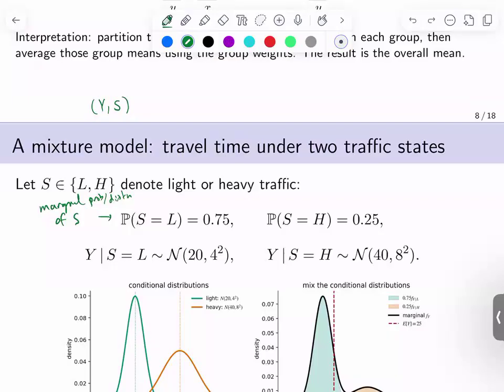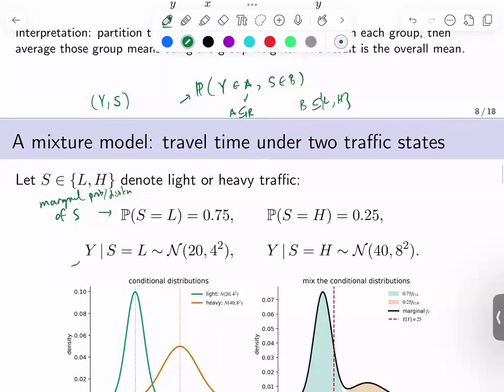Nevertheless, there is a valid joint distribution, which tells me how to compute, for example, the probability that Y belongs to a set A and S belongs to a set B. For any subset B of light and heavy, and any subset A of R, roughly, I should be able to determine this probability, and this conditioning definition, and these two facts, 1 and 2, allow me to specify any such probability easily by using the law of total probability.